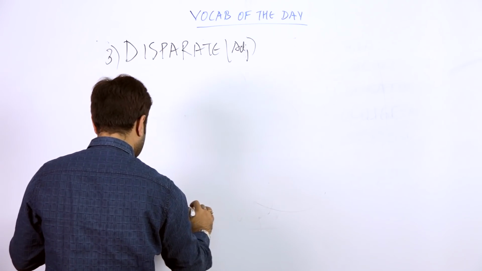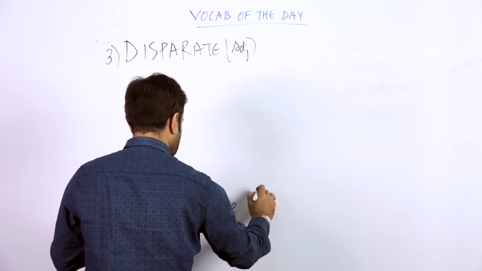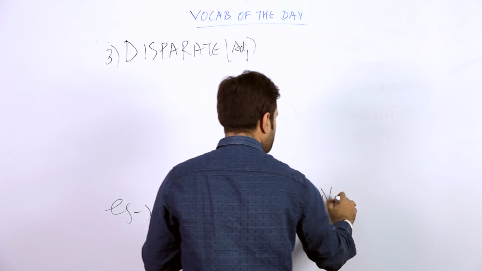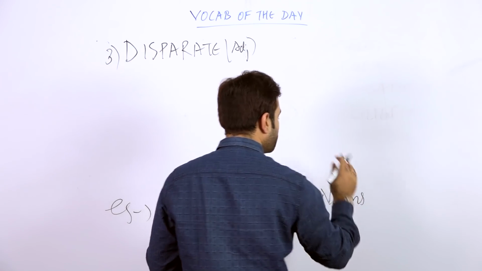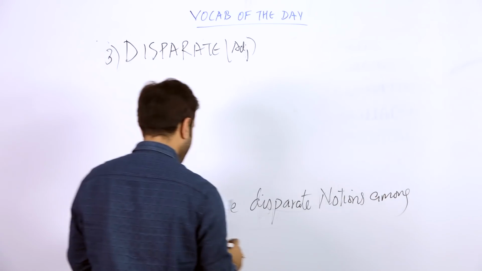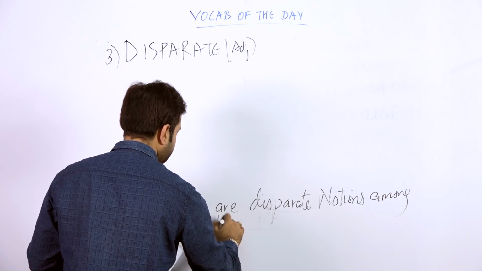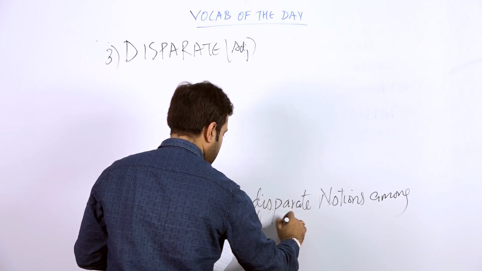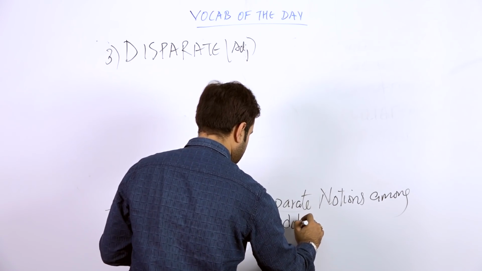The sentence says there are disparate notions among adults and adolescents. Notions are the concepts, thoughts, or perceptions of people.